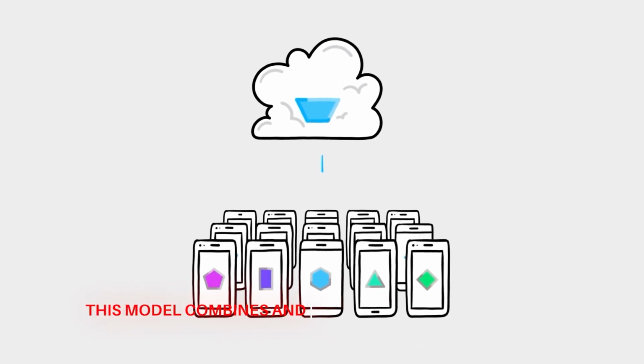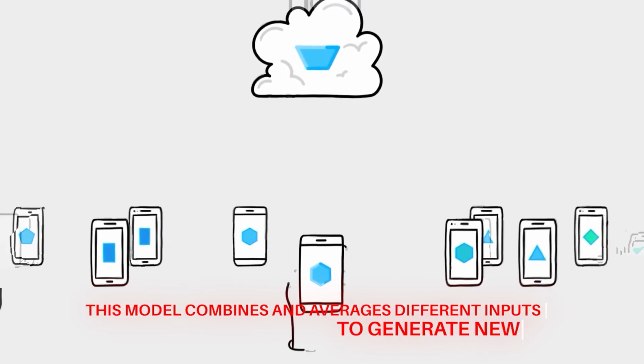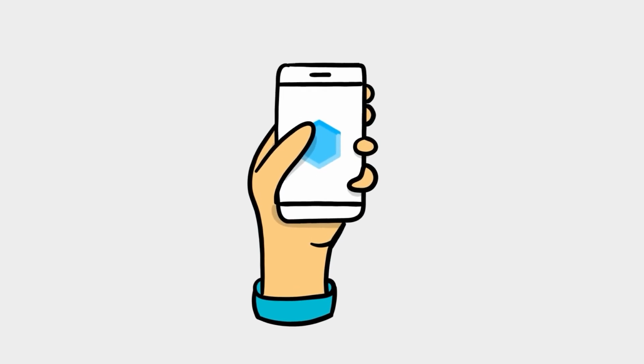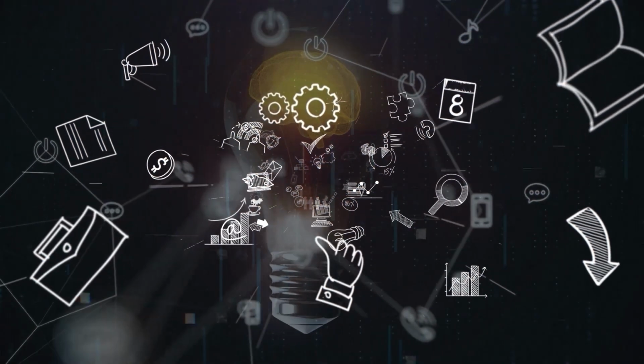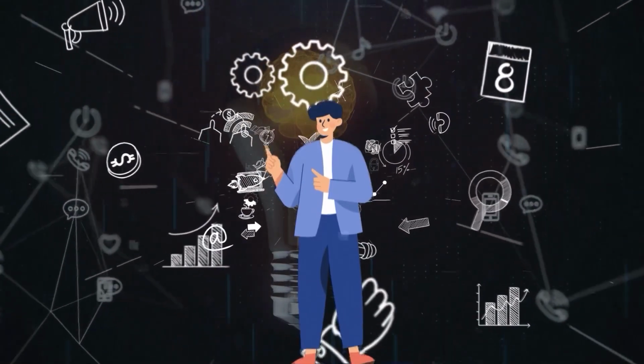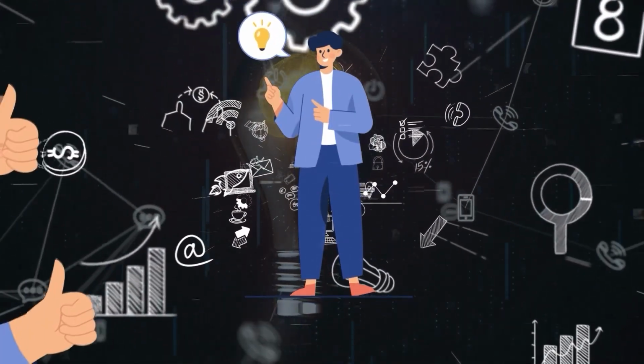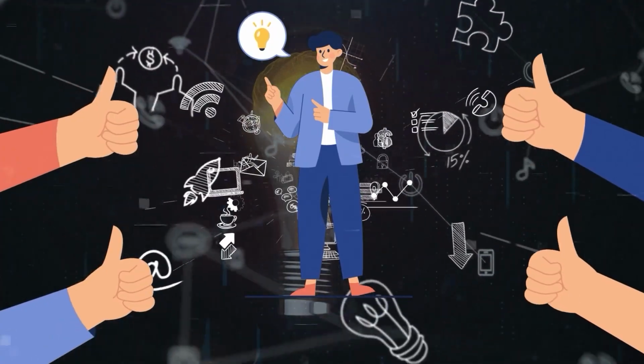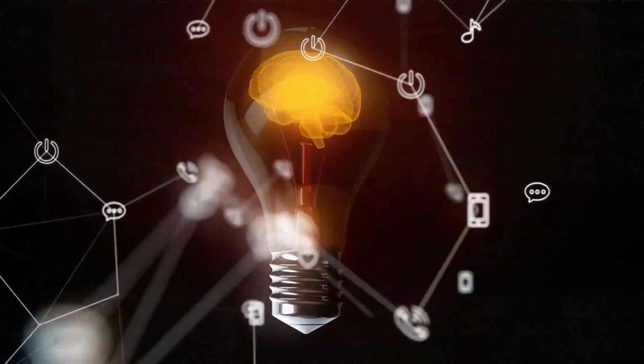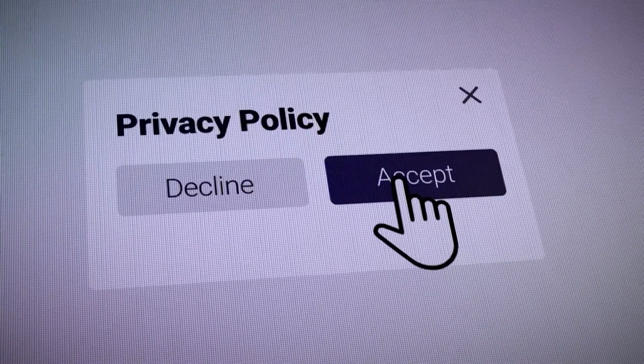This model combines and averages different inputs to generate new learnings. Since the data is collected from diverse sources, there is greater scope for the model to become generalizable. Once the central model has been retrained on new parameters, it's shared with the client devices again for the next iteration. With every cycle, the models gather a varied amount of information and improve further without creating privacy breaches.